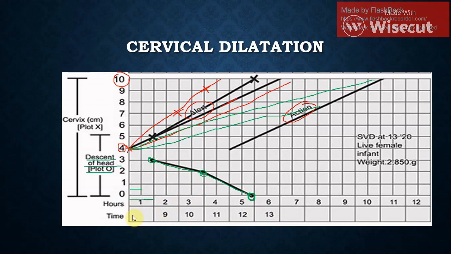So we have to mention the time here when the mother has arrived under our care and the cervical dilatation has begun. So for example, if the cervical dilatation has begun at 4 centimeter and we have started our plotting of the partograph at 4 centimeter at around 8 a.m. or 8 p.m., we will mark it as 8 here, we'll mention the time. Subsequently, we'll mark each next hour here.